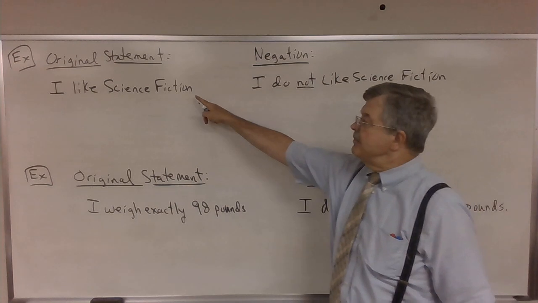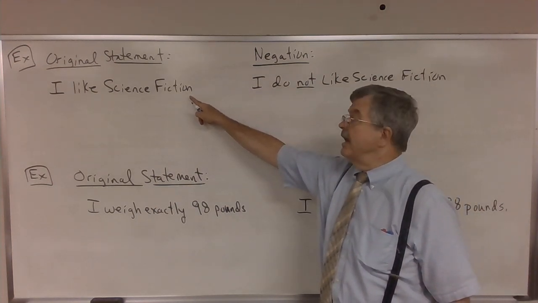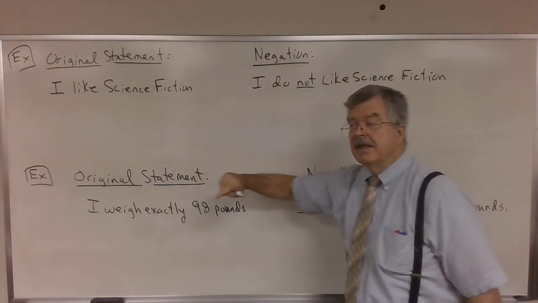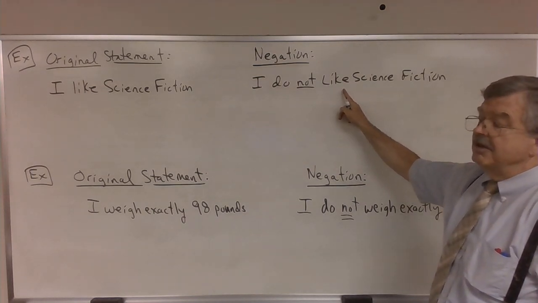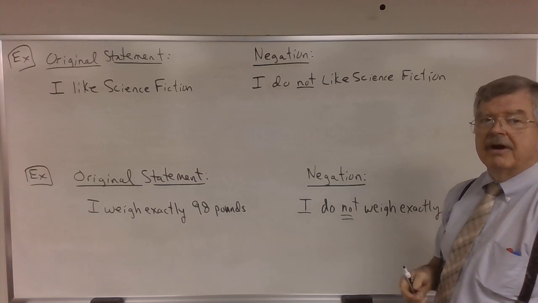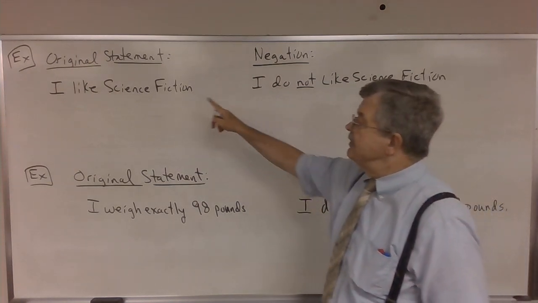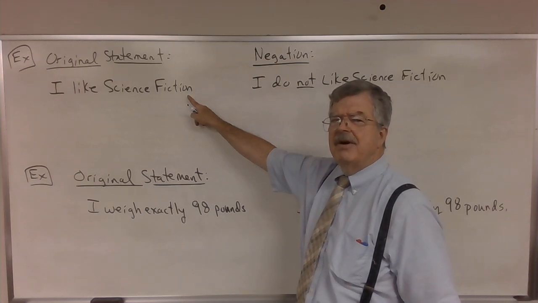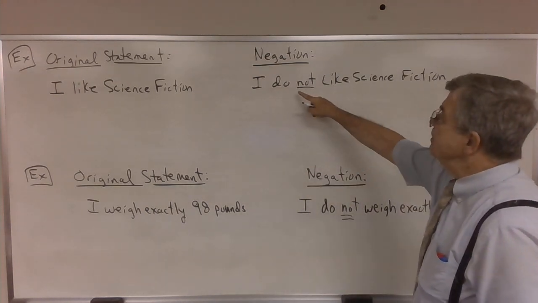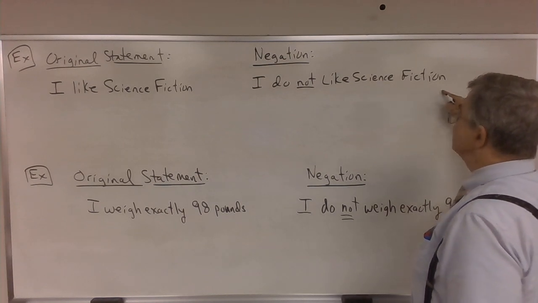So if this statement is true, I like science fiction, then this statement, I do not like science fiction, is false. Works so far. Now, if this statement is false, I like science fiction. If that statement is false, then it's true that I do not like science fiction.